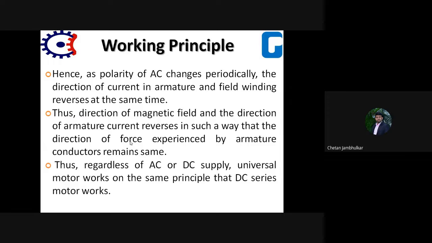Thus the direction of the magnetic field and the direction of the armature current reverse in such a way that the direction of force experienced by the armature conductor remains the same.